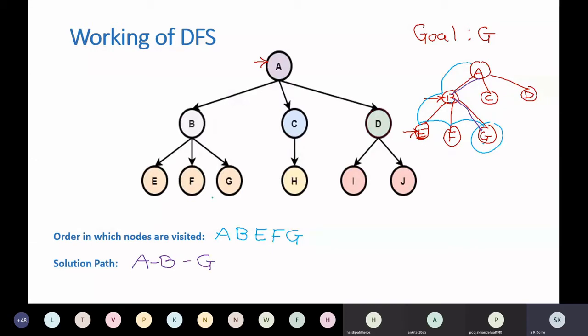So the solution path is A, B, G and the order in which nodes are visited is A, B, E, F, G. Now why is this order important? It is related to the time taken by your algorithm, so it is related to time complexity. With this you will be able to find out the time complexity of the algorithm, because that will decide how much time your algorithm will take to reach the goal. Are you getting it?